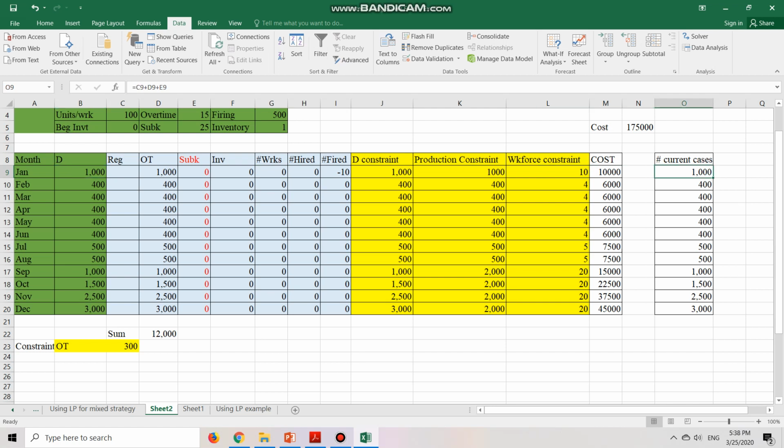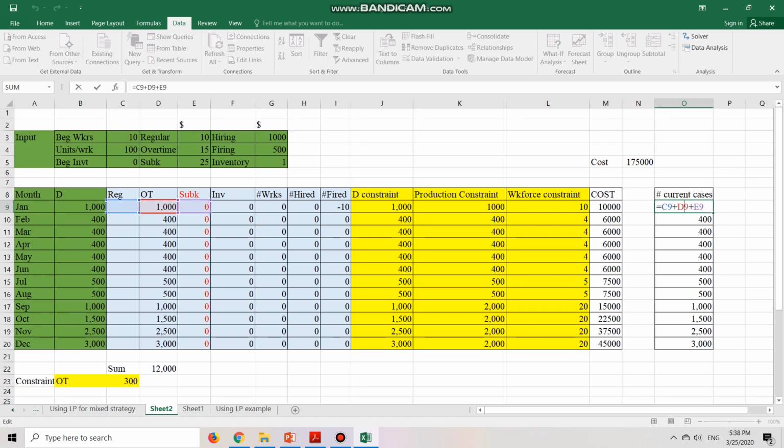So I create a new column that is the current products or cases that I have, and it will be equal to total production quantity plus the initial inventory.